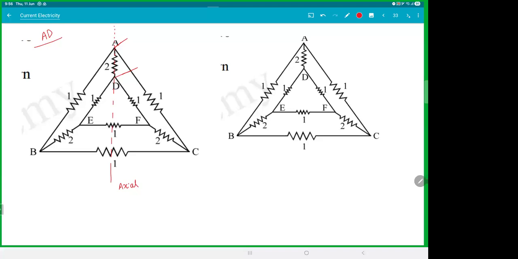That means the left and right are identical. So point B and point C will have the same potential. Similarly, point E and point F have the same potential because left and right are identical.